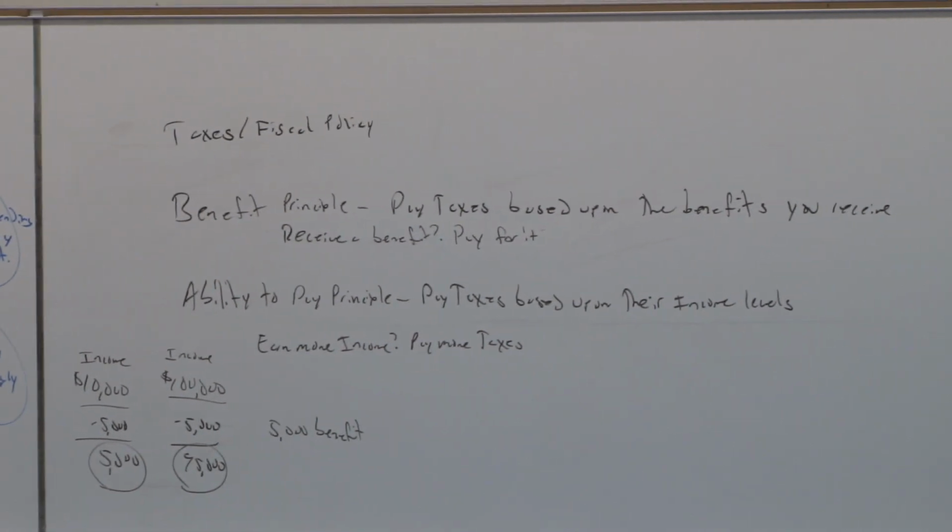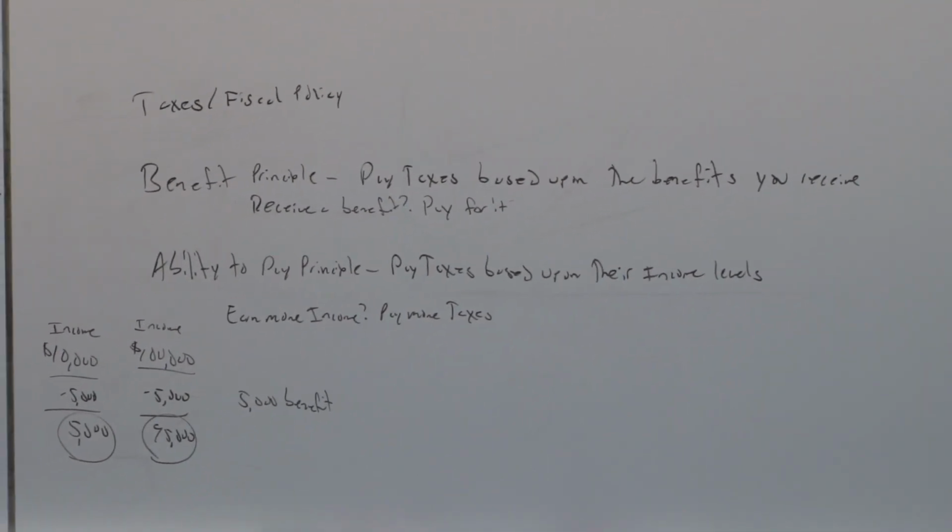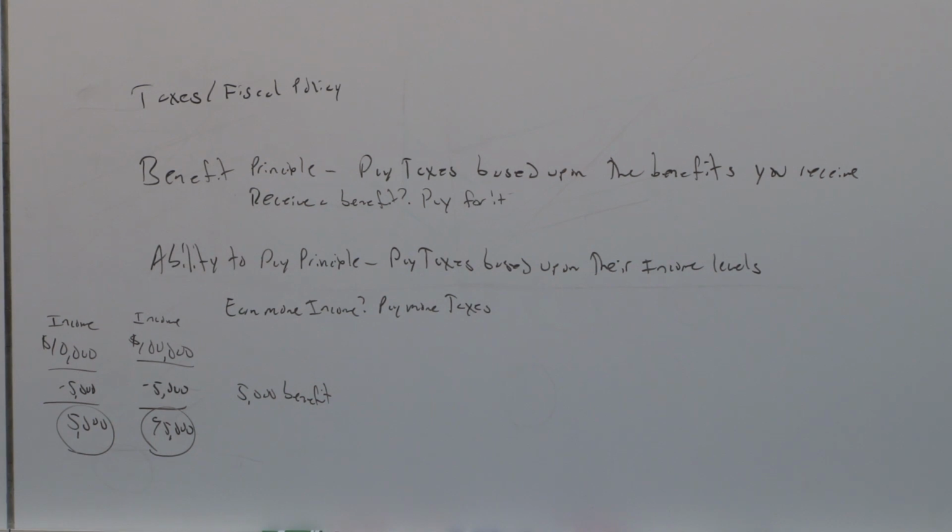What do you think? Take this out of government. Pay for stuff based upon the stuff you get. Should people get soda without paying for it? Does that seem fair? Cars, houses, food? Okay. So if they're getting $5,000 worth of benefit from national defense and they make $10,000 worth of income, they should pay $5,000 in taxes.